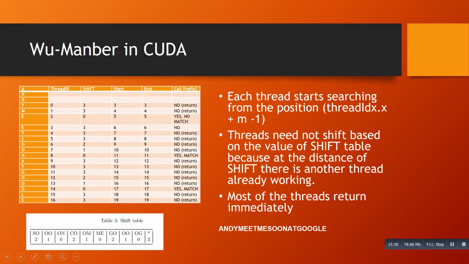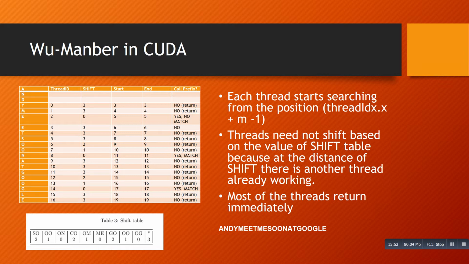Threads shift based on the value of the shift table in the case of the CPU based algorithm. In the CUDA based algorithm, threads need not shift based on the value of the shift table because at the distance of the shift there is another thread already working.